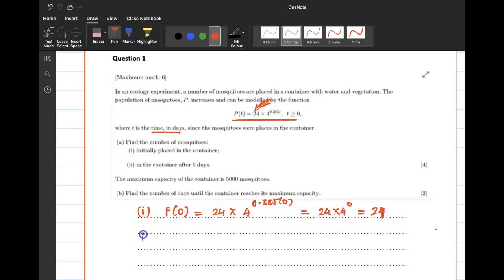Now the second part: how many mosquitoes are in the container after 5 days? So you find P(5). You'll do 24 × 4^(0.385 × 5).